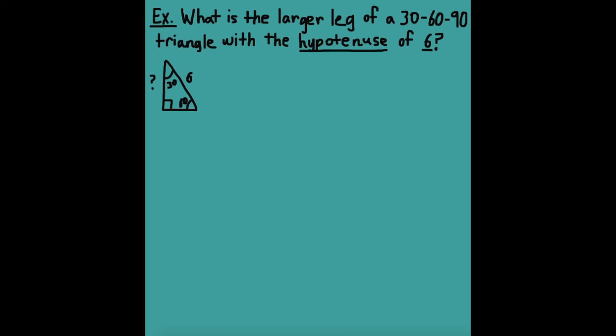So the ratio in a 30, 60, 90 triangle is x to x root 3 to 2x. The ratio in this problem we know of is some number to 6. Since we are given the hypotenuse and are trying to solve for the larger leg, we are only going to look at these ratios: x root 3 to 2x and some number to 6.